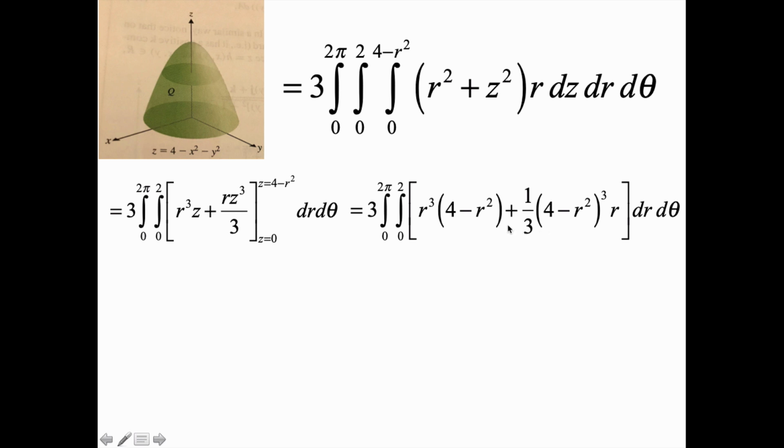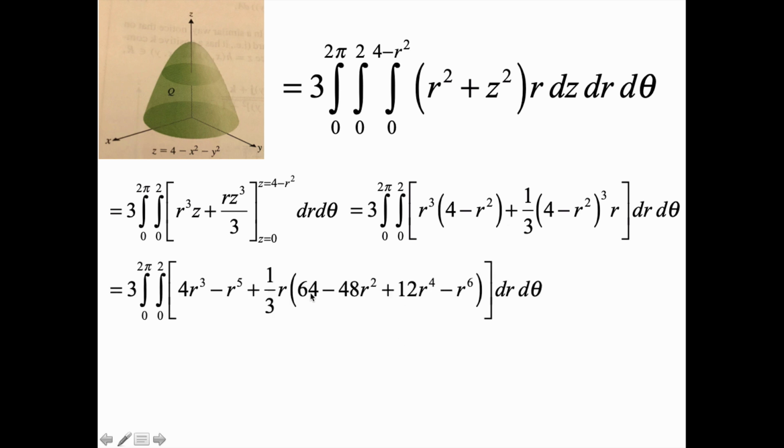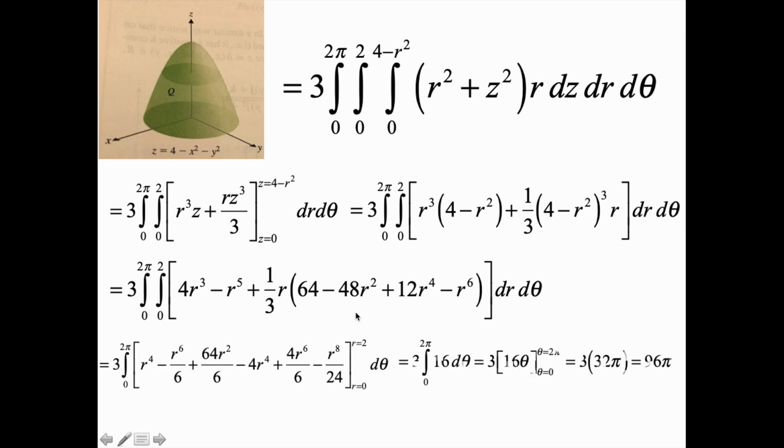We have this expression, and with a little algebra expanding it, if I did all my algebra correctly, we substitute 0, which goes to 0, and then substitute 2. We get 16, and then we take that from 0 to 2 pi with theta, so it's 3 times 16 theta as theta goes from 0 to 2 pi, which is 3 times 32 pi, for a final answer of 96 pi.